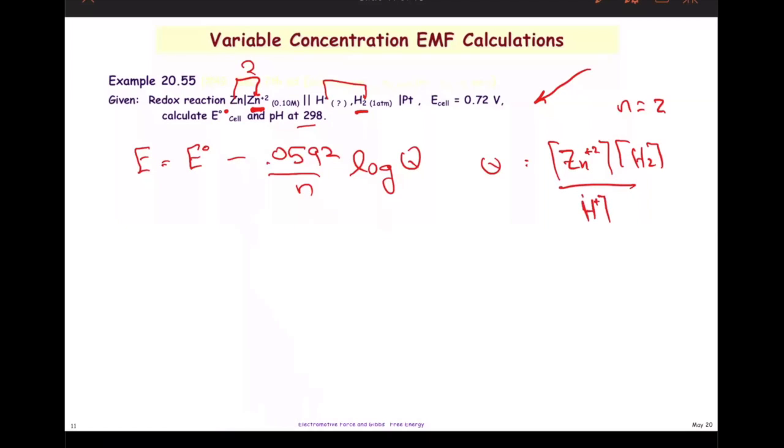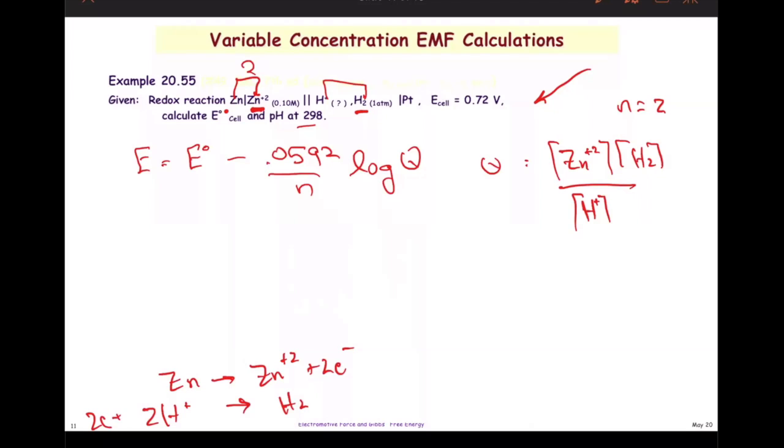Now don't do it this way. And the reason why you can't do it this way is because I didn't go with a balanced equation. If I did my balanced equation, you will see that zinc goes to zinc plus 2 plus 2 electrons, and hydrogen goes to H2, and we need 2 here, and we need 2 electrons here.